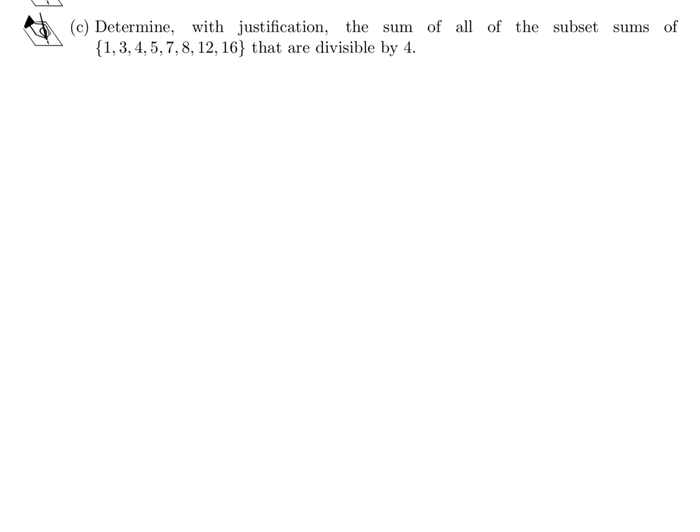Now, before I tackle this, I want to go back and look at 4B again, just to give you an idea of how we can make our life a little bit easier. In 4B, if you remember, there was one subset.